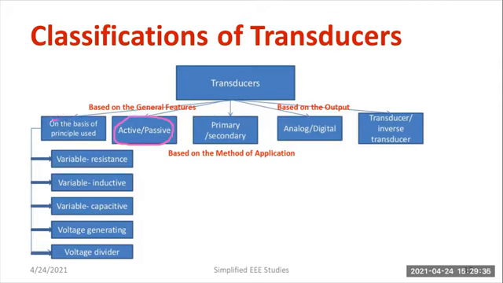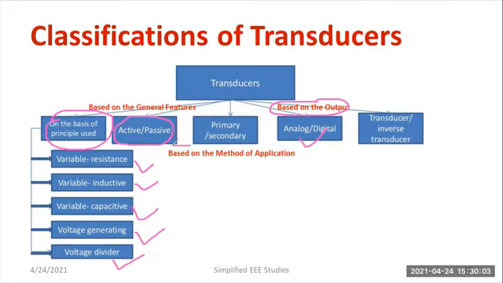Then on the basis of electrical principle involved, you can classify variable resistance transducer, variable inductance transducer, variable capacitance transducer, variable generating type transducers, and voltage divider type transducers. And based on the output, you can divide the transducer into analog transducer and digital transducer.